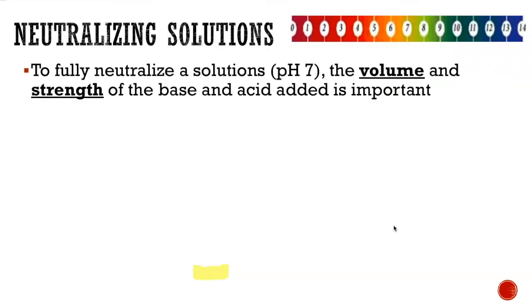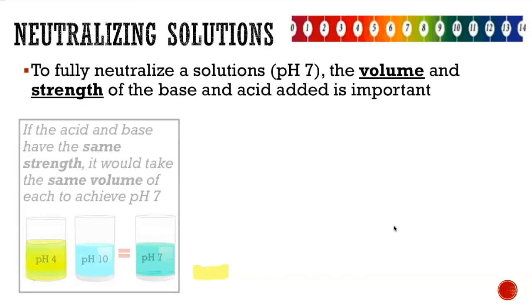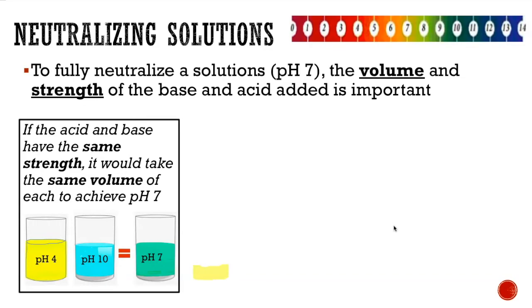And then this is just one final note on this, is that to fully neutralize a solution, to get that pH 7, both the volume and the strength of the base and acid are both important. So we'll go through some scenarios here to make a little more sense.